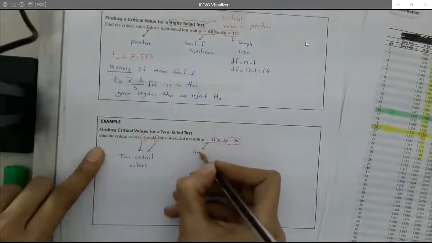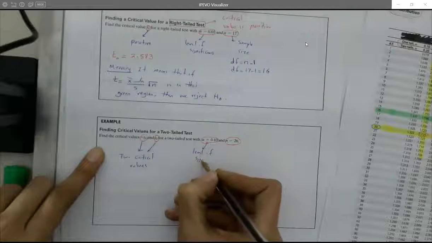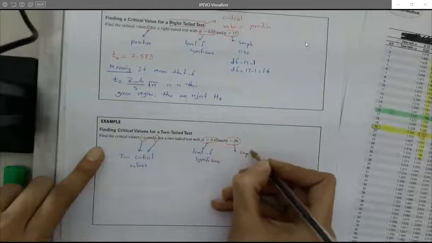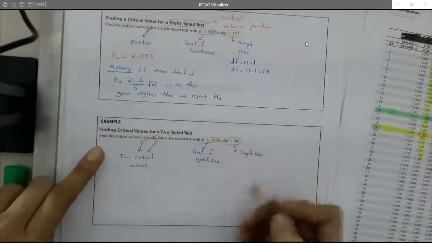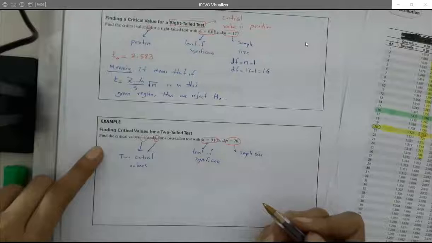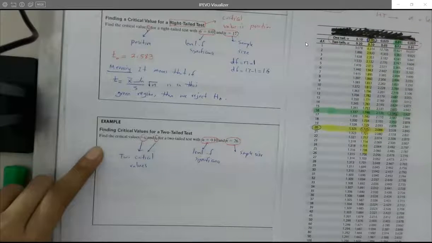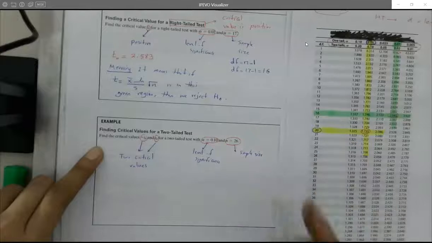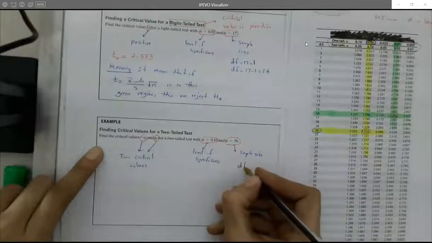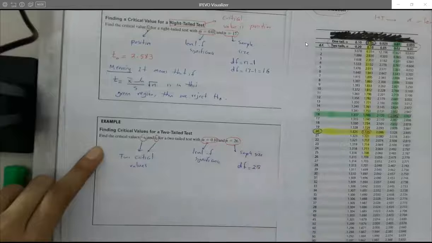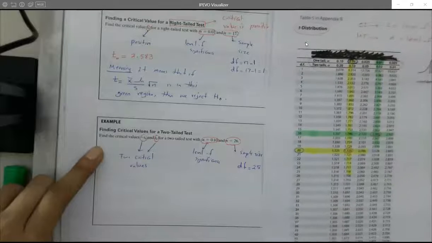Level of significance is given to us and the sample size is 26. So what do we need? Since we are using a t table, we need to find the degrees of freedom. The degrees of freedom, n minus 1, is 25. Take a look at your table.